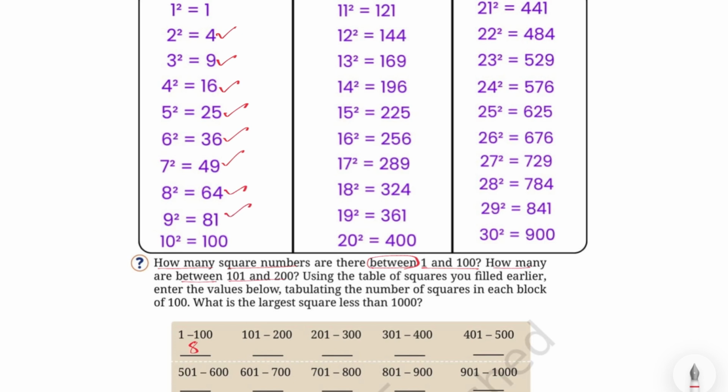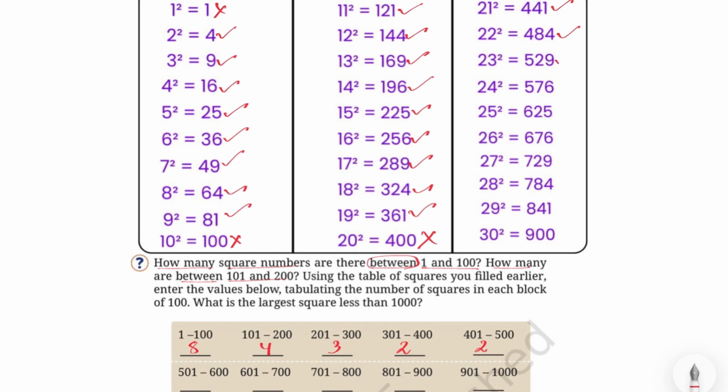Now we will count how many square numbers are there between 101 and 200. Now we'll find out how many square numbers are there between 201 and 300. Let us count. It's 3. Between 301 and 400, 2 square numbers are there. Between 401 and 500, 2 square numbers are there.